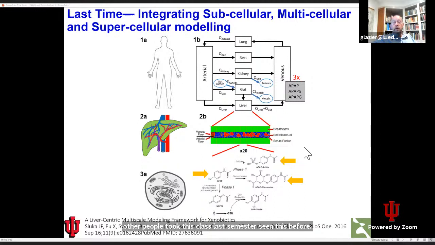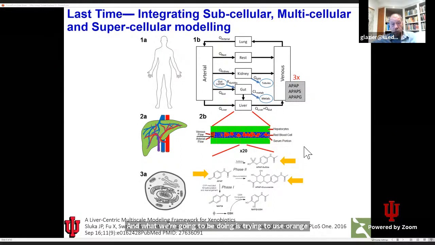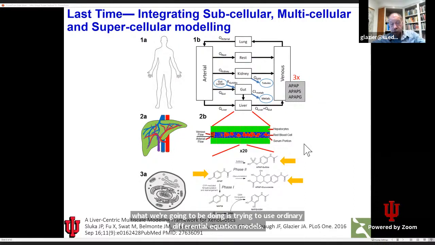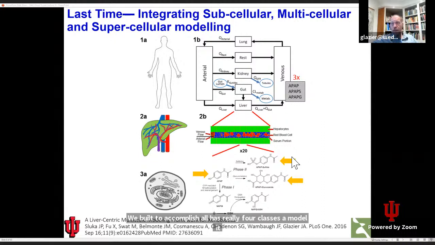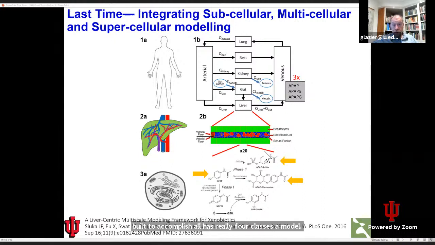And what we're going to be doing is trying to use ordinary differential equation models to represent the scales that we're not representing as cells. CompuCell has really 4 classes of model. It has the cells and the way they move, which we played with quite a bit, which is sort of the unique aspect of it.